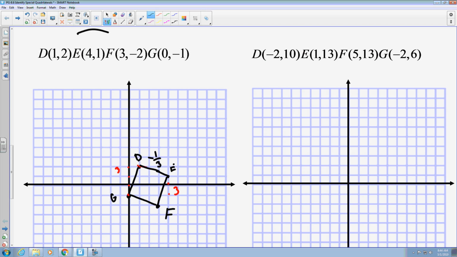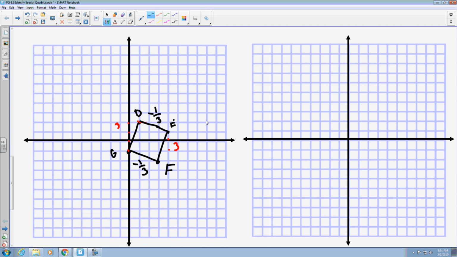And then this should also be up 1, down 3. So that's also negative 1/3. So what we can conclude here is we have two sets of parallel lines. So we know at the very least it is a parallelogram. So I'm just going to put here two sets of parallel lines.